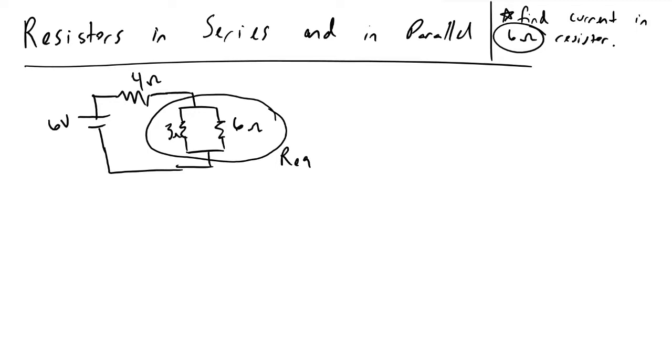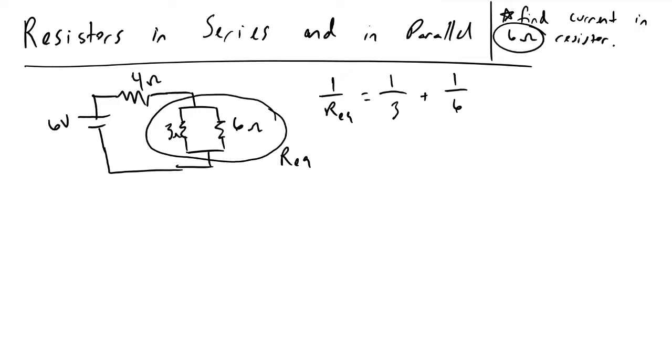And so the formula that you're going to need to remember when you are determining total resistance, when you have resistors in parallel like we do here, is that 1 over Req is equal to 1 over R1, which I will let R1 equal the 3 ohm resistor, and 1 over R2, which in this case would simply be the 6 ohm resistor.